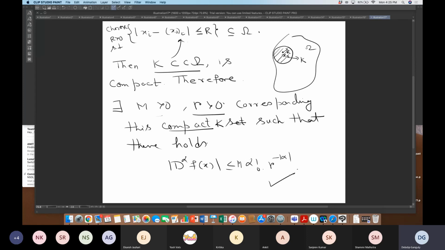Yes. Now you have chosen this r so that this compact set is contained in omega, and you have this R. Where is this R coming from? This R comes from that hypothesis: for every compact set, there is an M and R. So there are two R's, this capital R and this small r. So you choose R1 positive such that 0 less than R1 less than the minimum of the small r you have chosen and the R we are getting from this compact set.